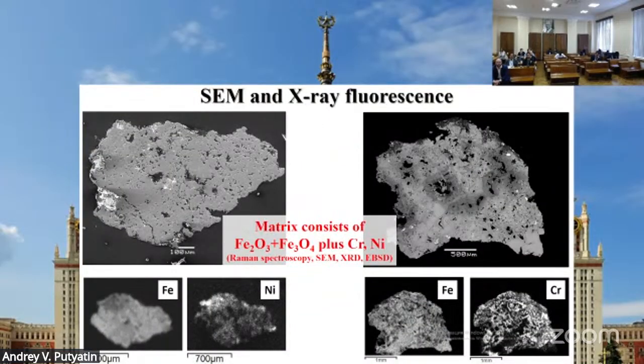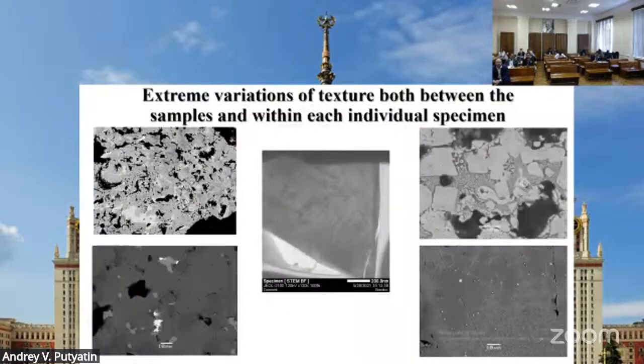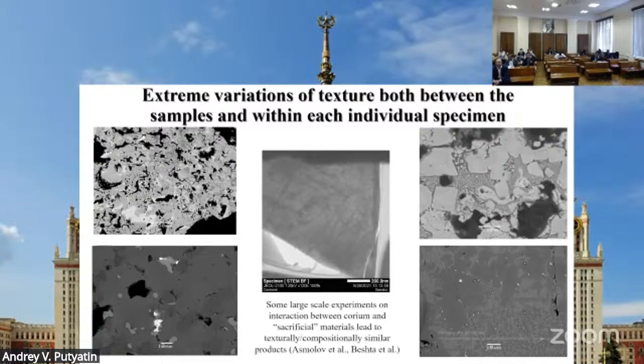And if you look with electron microscopy at this slag, you see that these are basically iron oxides plus some chromium and nickel. This is basically just molten steel, but with a lot of very funny white precipitates. And the white precipitates are molten uranium oxides.